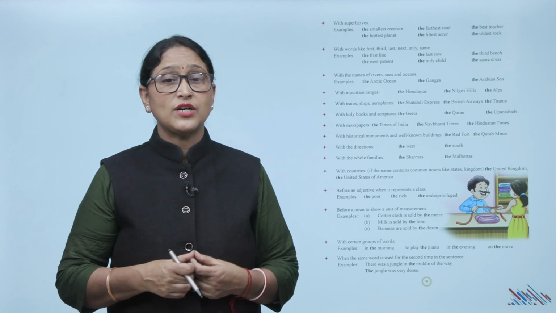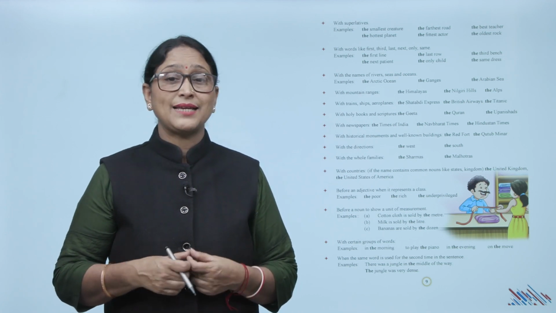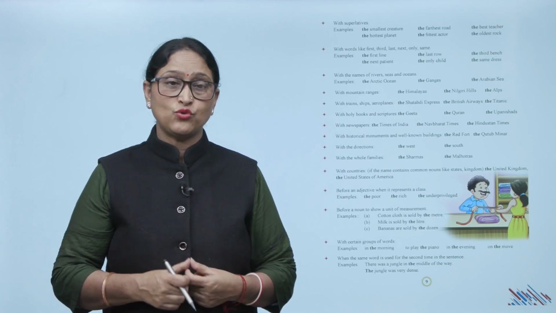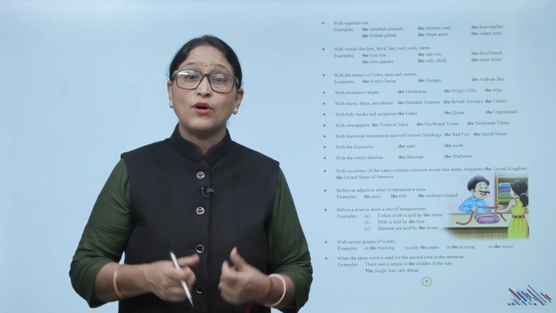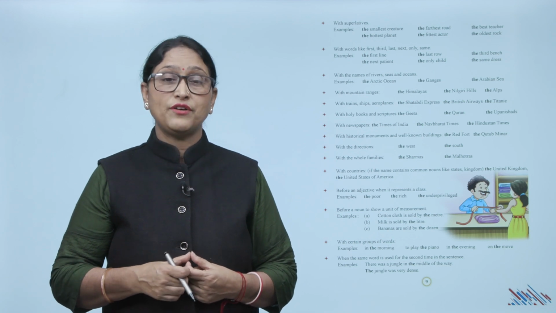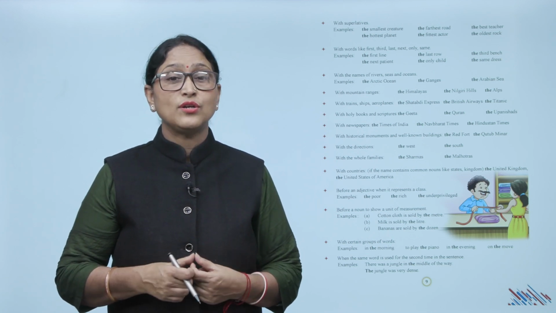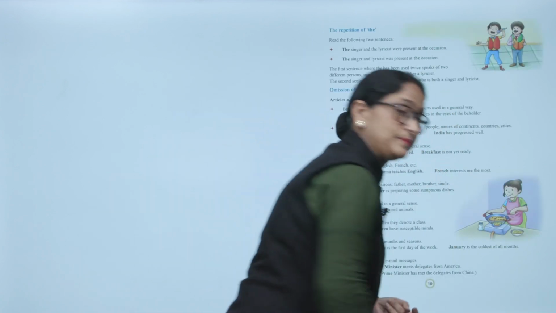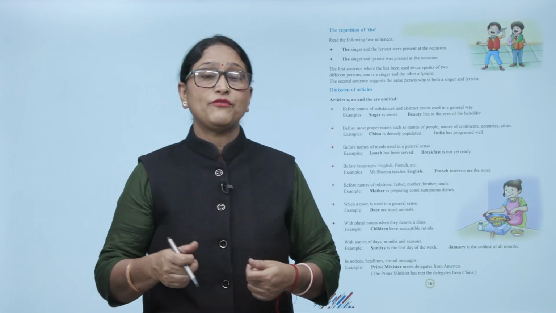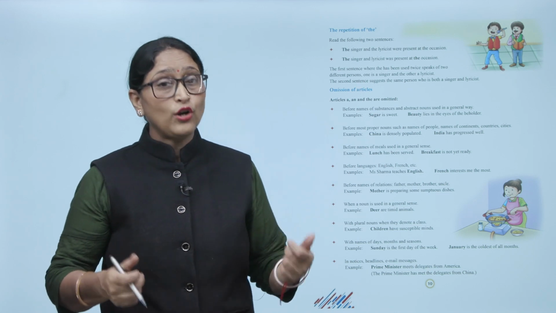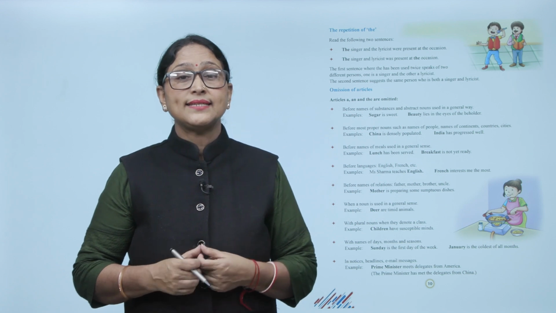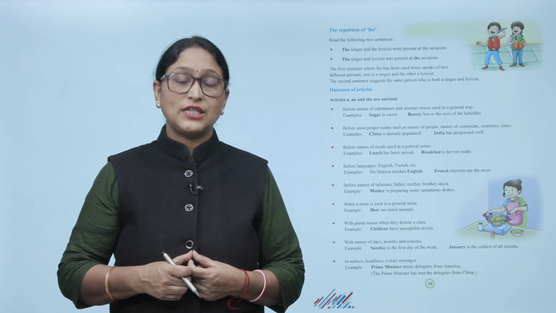When the same word is used for the second time in the sentence. अगर same word sentence में second time use हुआ हो. Examples: there was a jungle in the middle of the way. The jungle was very dense. The repetition of the. Read the following two sentences. The singer and the lyricist were present at the occasion.